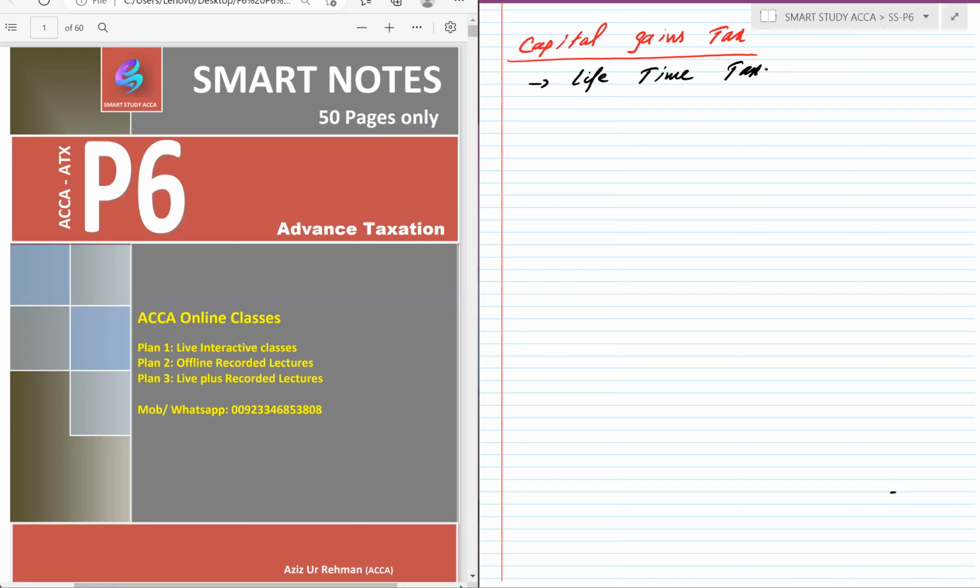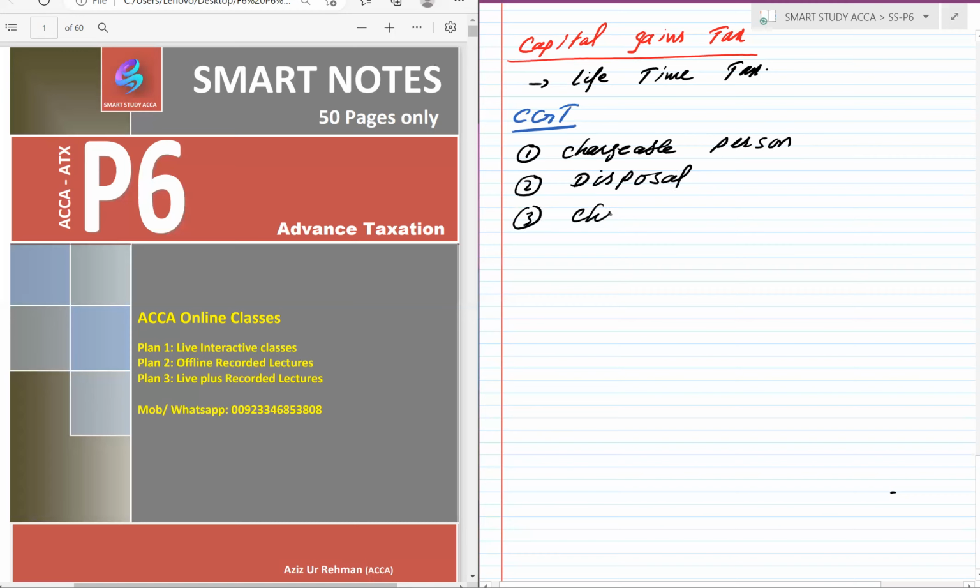Now, capital gain tax will arise, number one, when a chargeable person makes a disposal of chargeable assets.